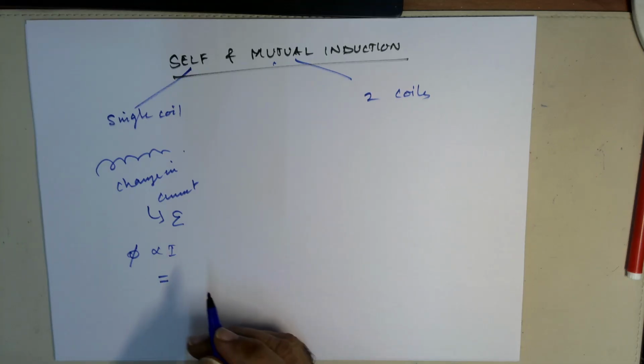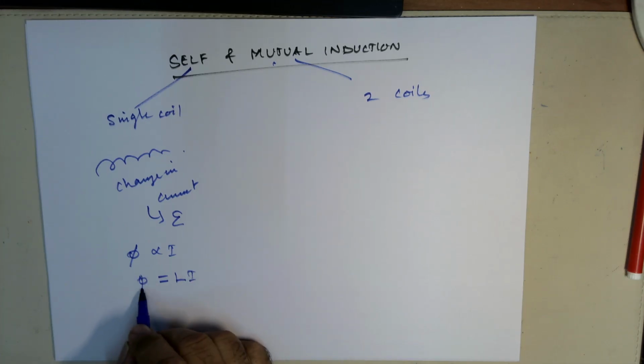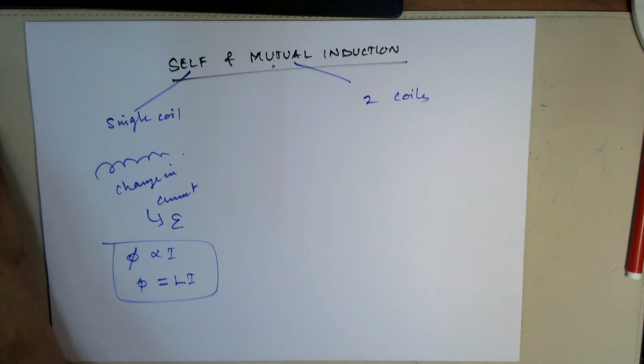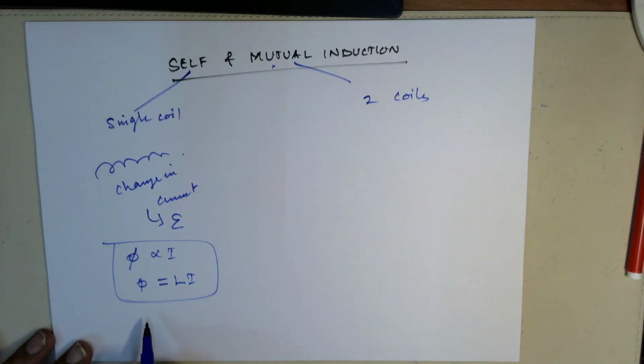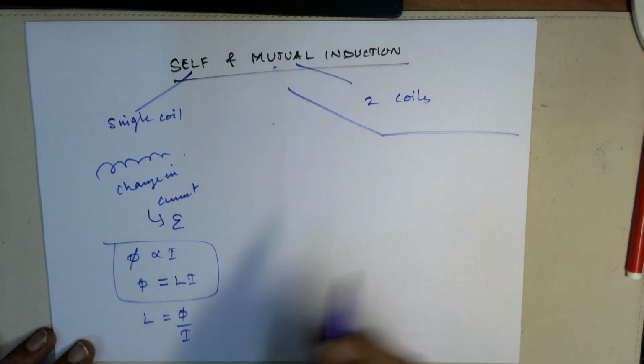Let us introduce the proportionality constant, called self-inductance L, into I. So phi is equal to Li, where L is the constant of proportionality, and that is also called the self-inductance. Therefore, self-inductance is nothing but phi by I from this equation.